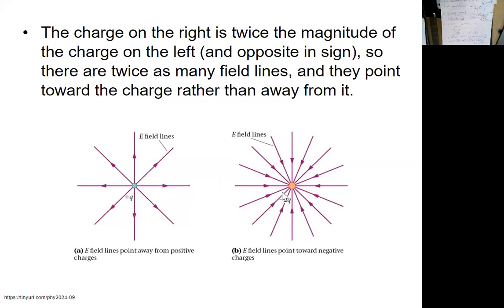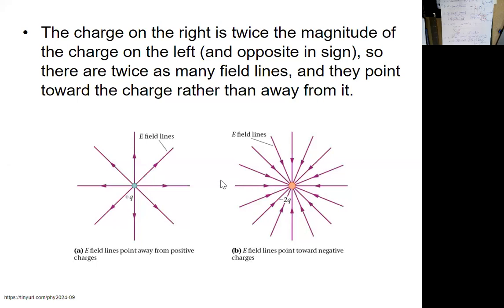Because you have minus 2Q here, you have 1Q there, okay? So electric field in this case starts from the positive charge and points towards infinity, or ends at infinity. In this case here, it starts from infinity and ends at the negative charge, okay?